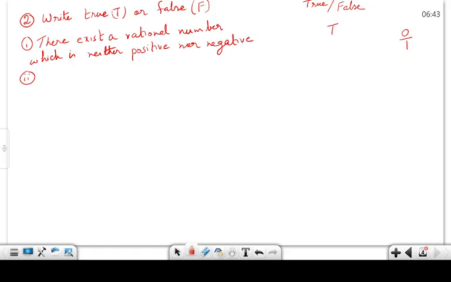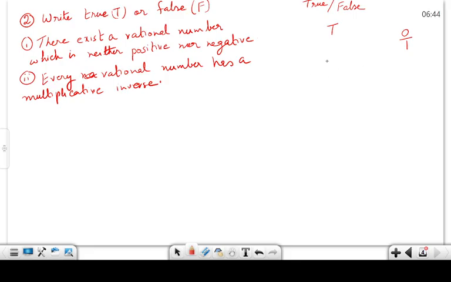Every rational number has a multiplicative inverse.